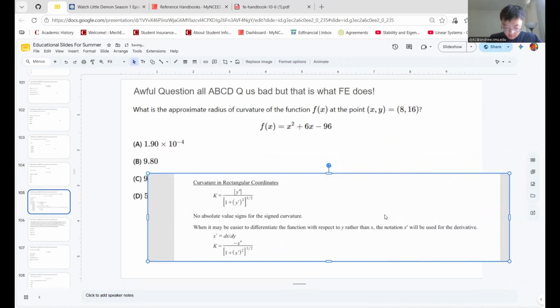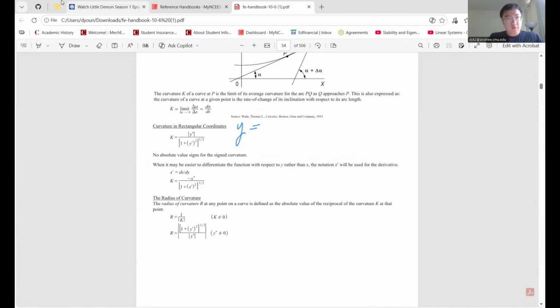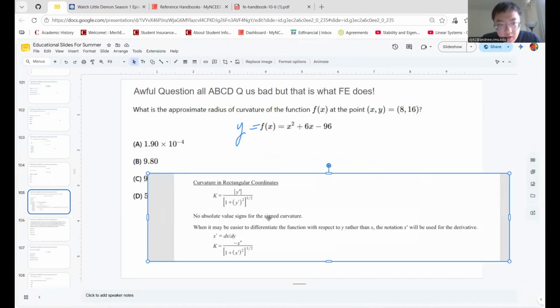This is y in this case, the way they did it. I'm not sure why they didn't describe it that way, but basically what you do is take y prime, which is 2x plus 6, and then y double prime, which equals 2, and plug into this function of k, which is the radius of curvature. They didn't ask me to do much more.